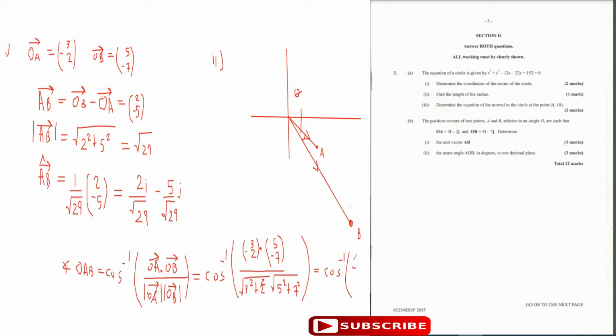So this works out to be cosine inverse of 29 divided by, then we have 3 square plus 2 square, which is the square root of 13, times 5 square plus 7 square, which is 74. 13 times 74 is the square root of 962 for the product of 3 square plus 2 square multiplied by 5 square plus 7 square. I'm getting the square root of 962.